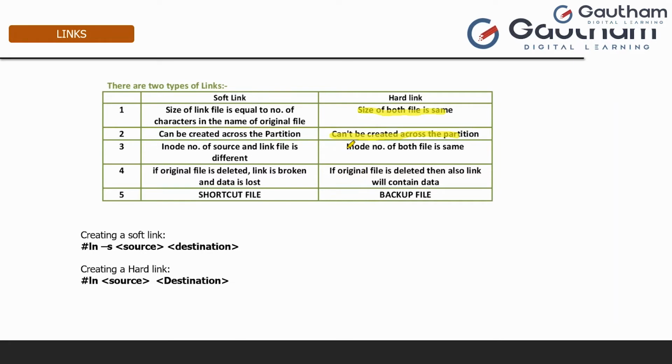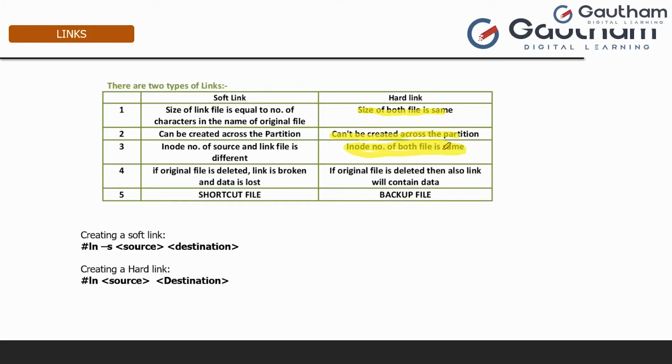The reason is original and link, both files are going to access the same inode number. This is the reason why you are not allowed to create a link file across partitions, because both partitions are not going to share the same inode. The first partition will have different inodes, the second partition will have different inodes.